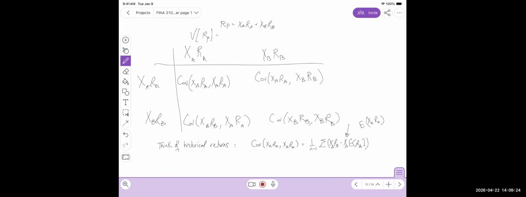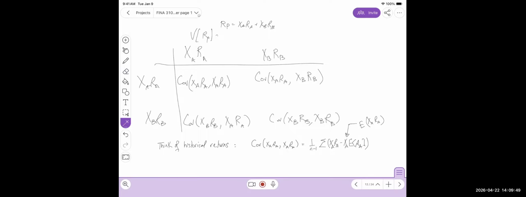Because that's what should be there, but I'm going to do two steps in one. So the mean of XARA is just XA times the mean of RA. I can explain that more if you don't get it, but anyway, leave that there.